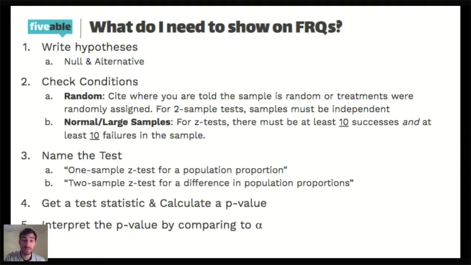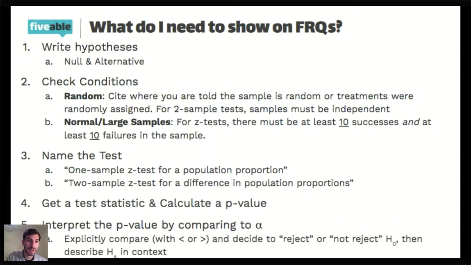If there is no significance level given at the start of the problem, use 0.05 as your standard significance level. And explicitly compare that p-value. So since p-value is less than 0.05, or since p-value is greater than 0.05, we reject or fail to reject the null hypothesis, and then either have evidence for or don't have evidence for the alternative.